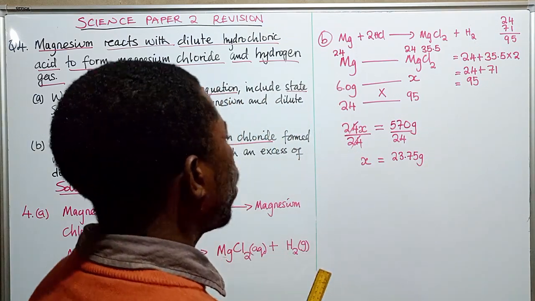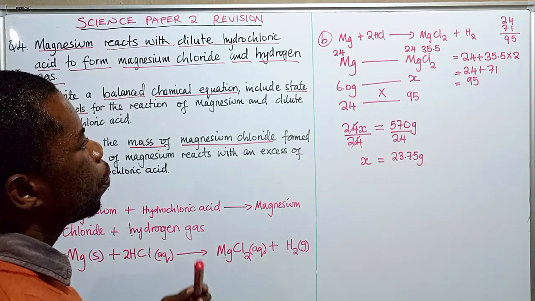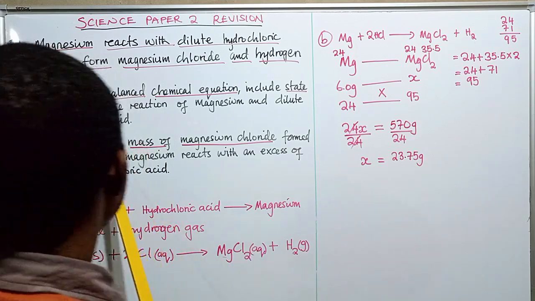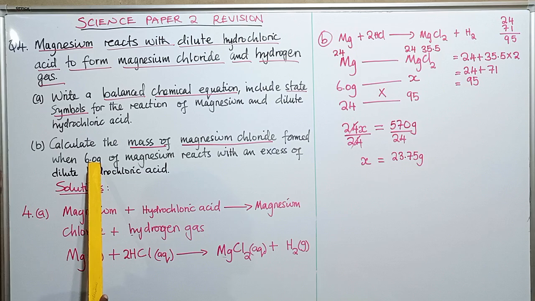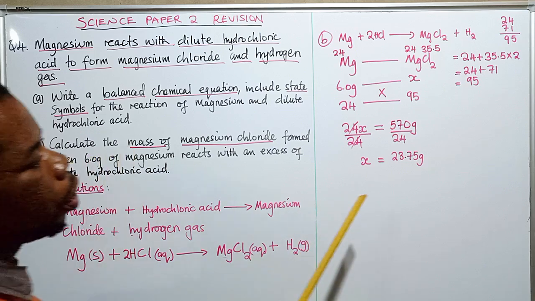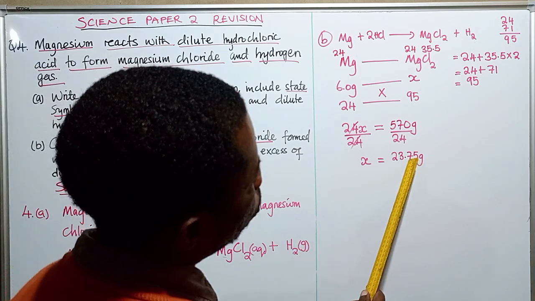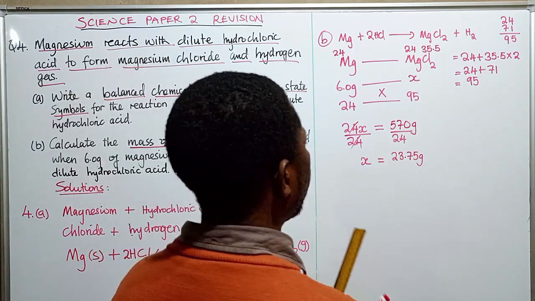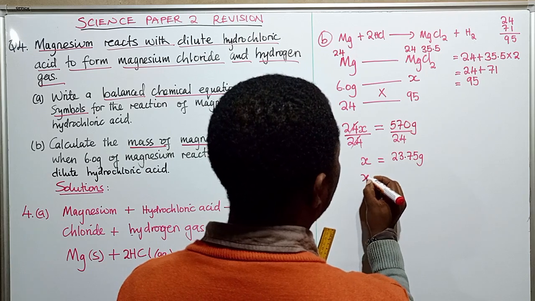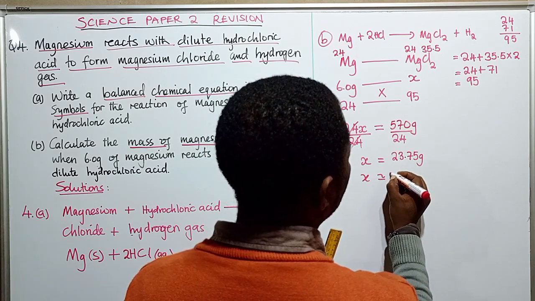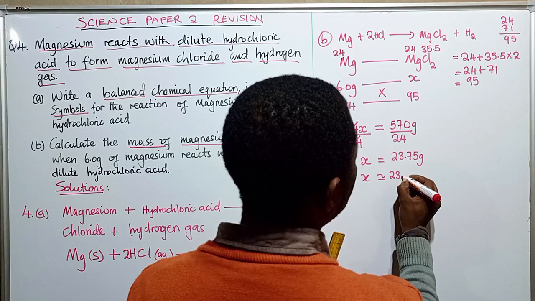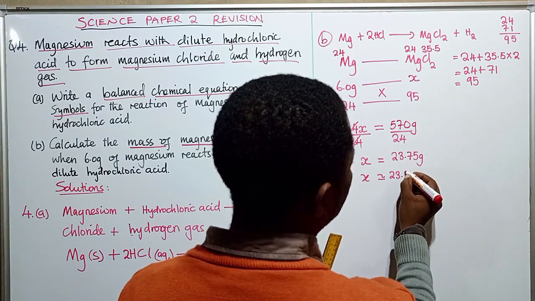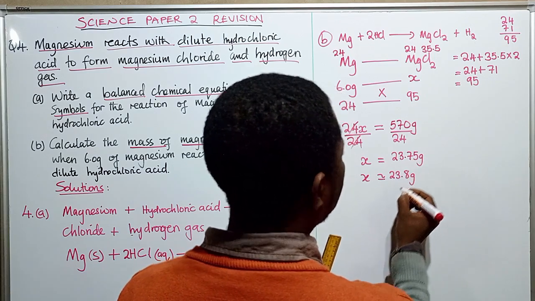Now, according to the rules of significant figures, since this value which we are given has one decimal place, we need to round off this one also so that we have one decimal place. So this one can now be 23.8 grams.